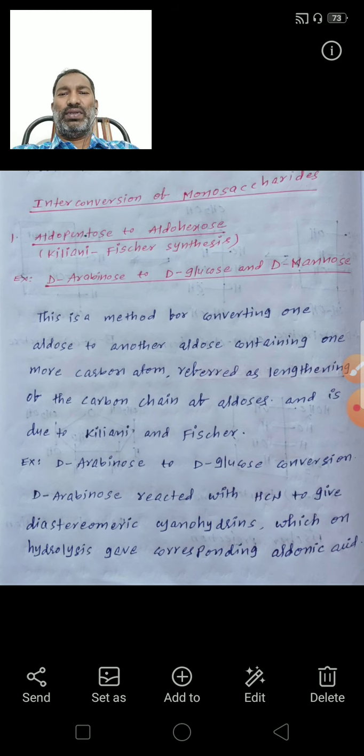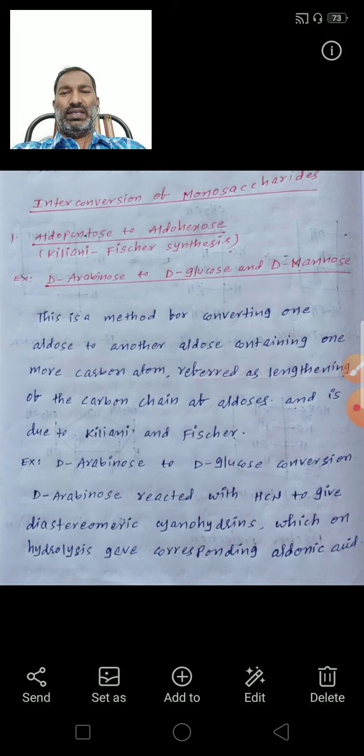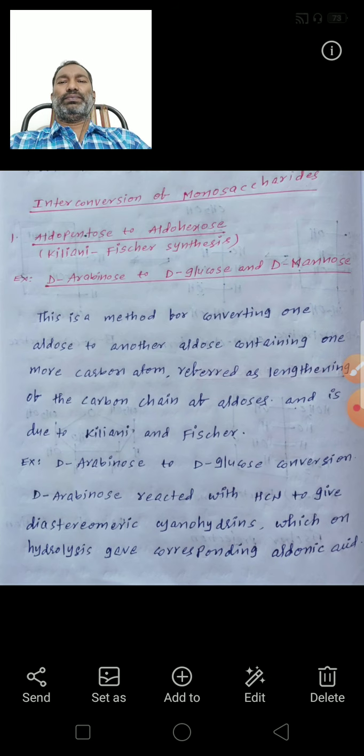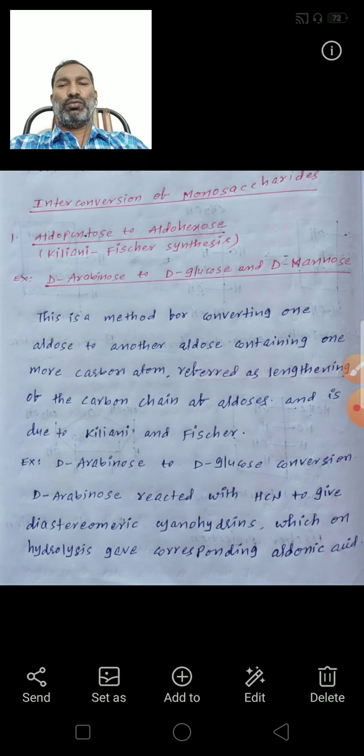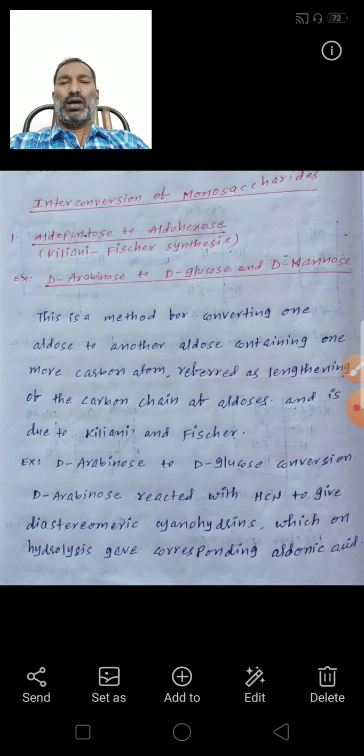The example is D-arabinose to D-glucose and D-mannose. D-arabinose contains the aldehyde functional group and 5 carbon atoms, so it is an example of an aldopentose.